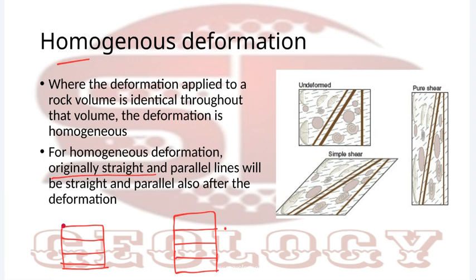Straight lines will remain straight, parallel lines will remain parallel. So it is straight line for straight line after deformation, parallel line for parallel line after deformation. So it is called homogeneous deformation. Any type of deformation will take place like this. Parallel lines will remain parallel, straight lines will remain straight.